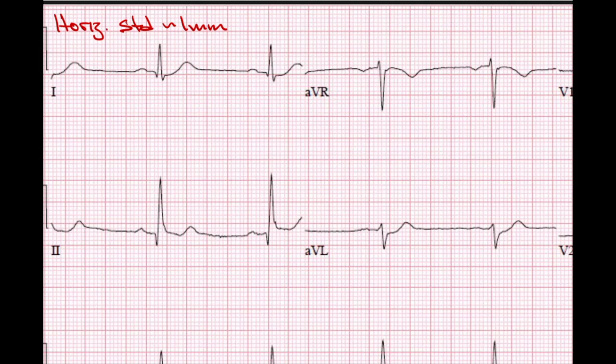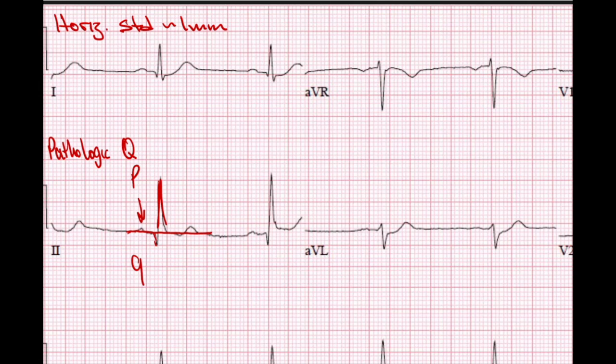In lead 2, we have positive P waves. We definitely have this Q wave here. And let's see what it's doing. It's 1, 2, 3 millimeters. So we definitely have a pathologic Q wave. We have an R complex. And we have this little odd terminal slurring.